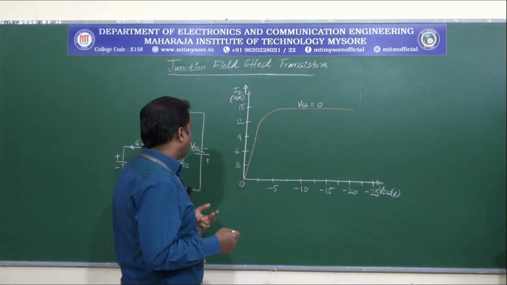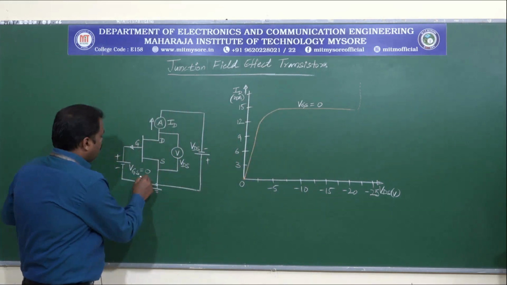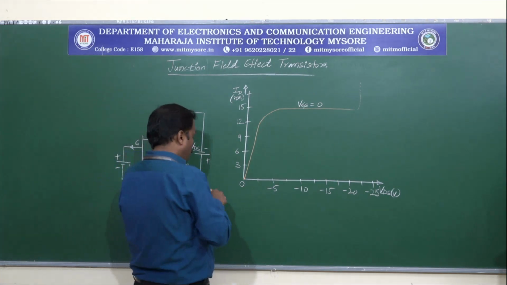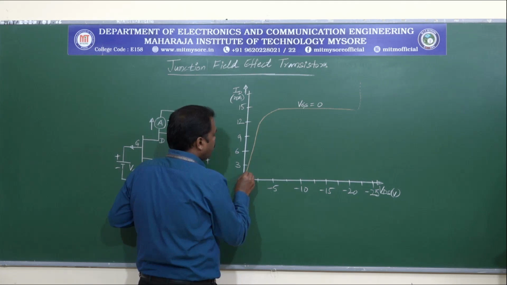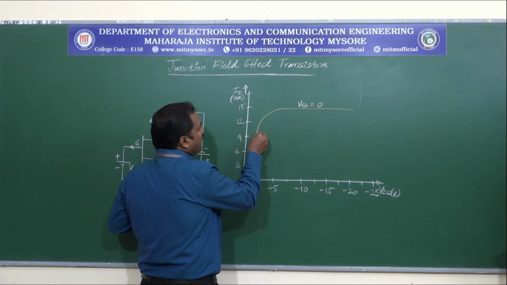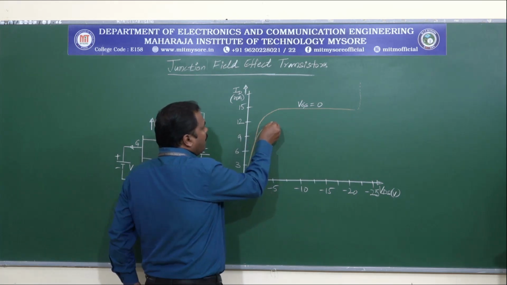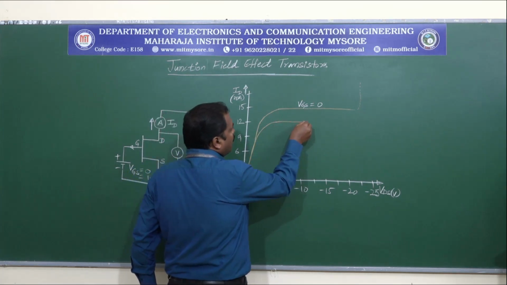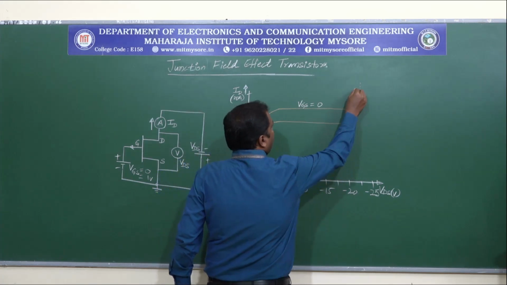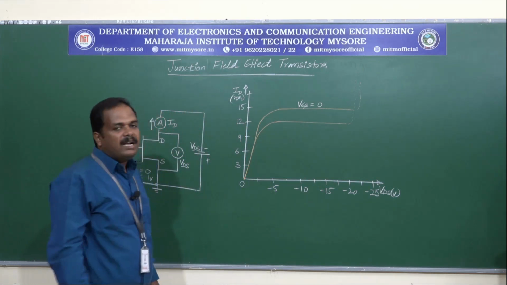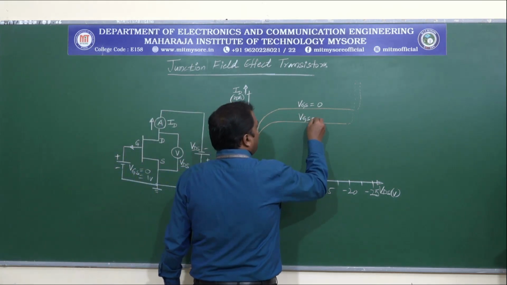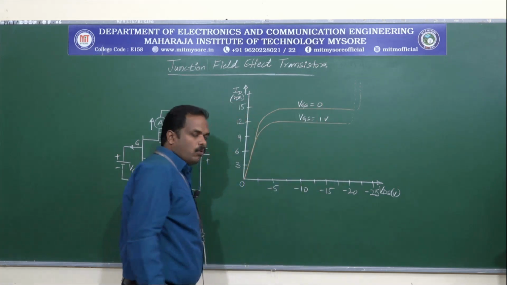So let us increase VGS to 1 volt. Then the current becomes saturated at an earlier value, and the breakdown region will also be attained at an earlier value. So this is for VGS equals 1 volt.